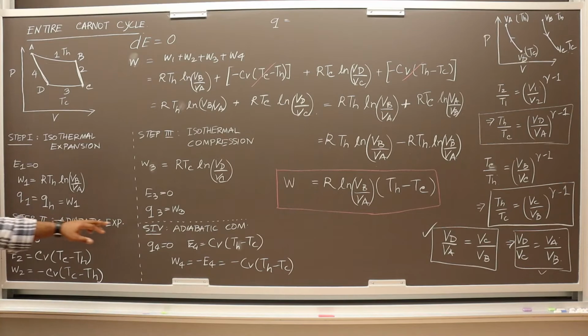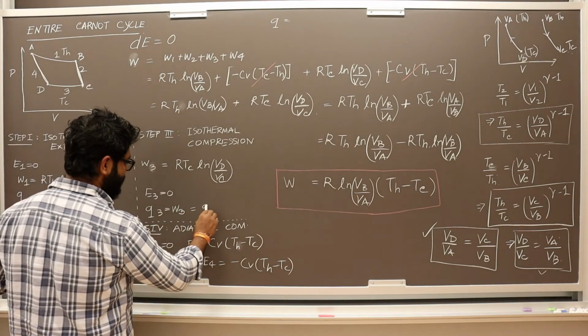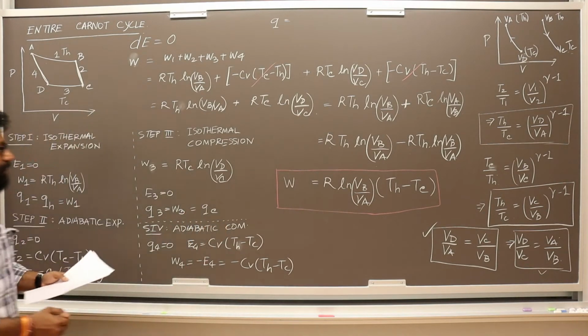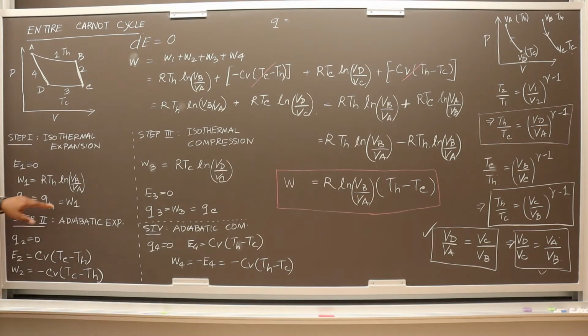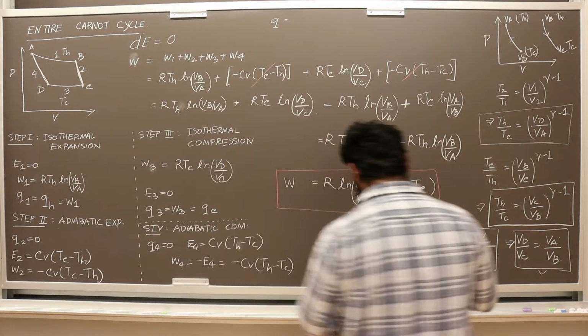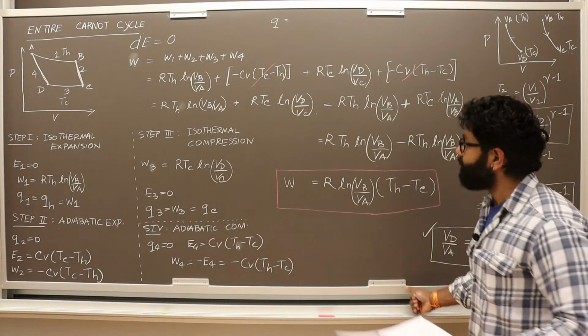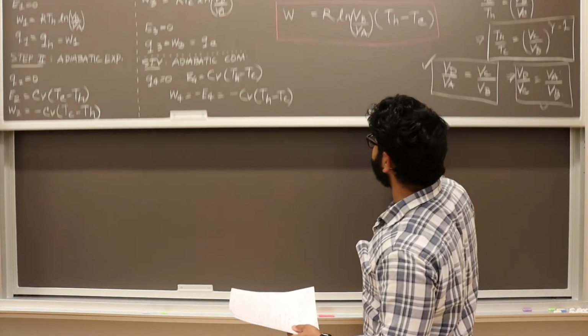One was QH and the other was QC, right? So heat was supplied and heat was ejected. You can also get exact values in terms of the Q's. So let me change the board.